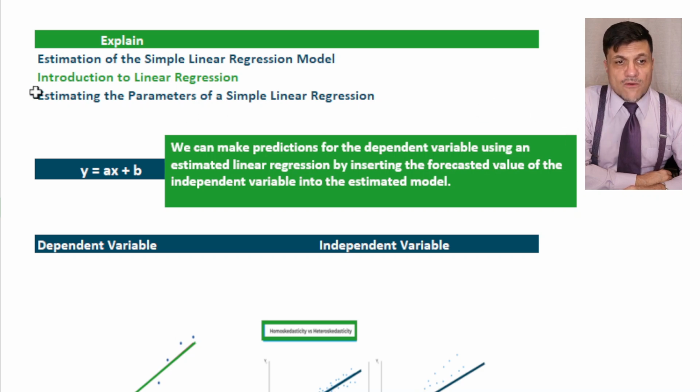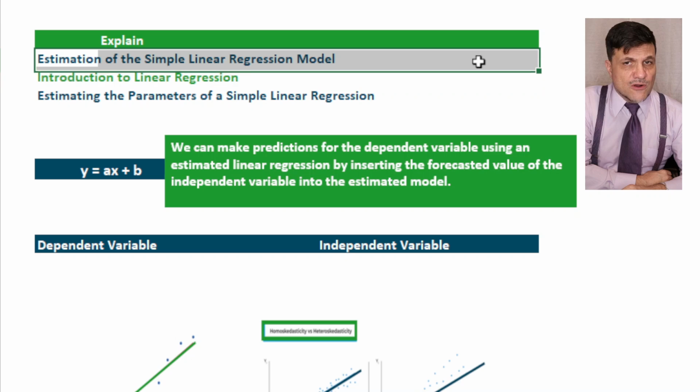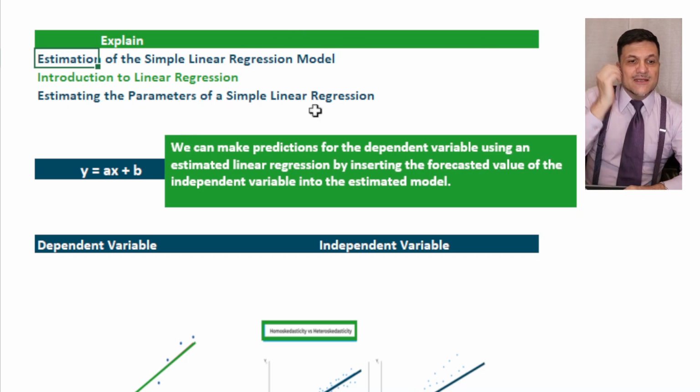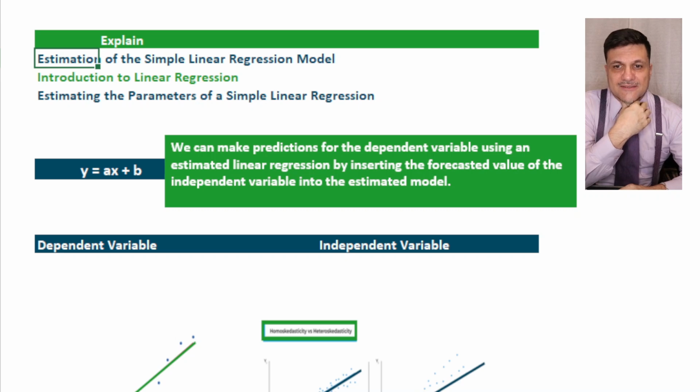So how do you estimate the simple linear regression model? I don't know how many of you have done that. I have, because when I learned this a long time ago, in the 90s at university, we had calculators but not the software we have available now.